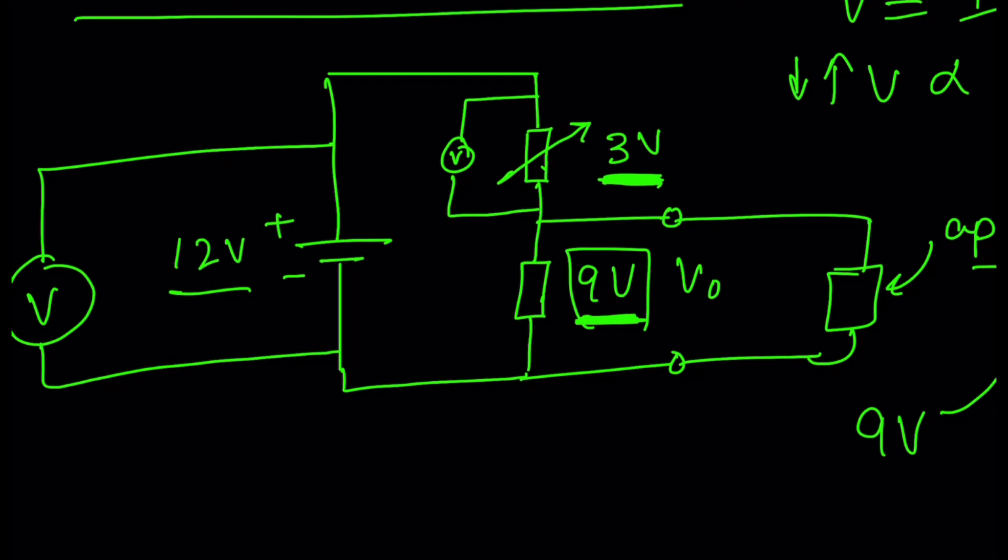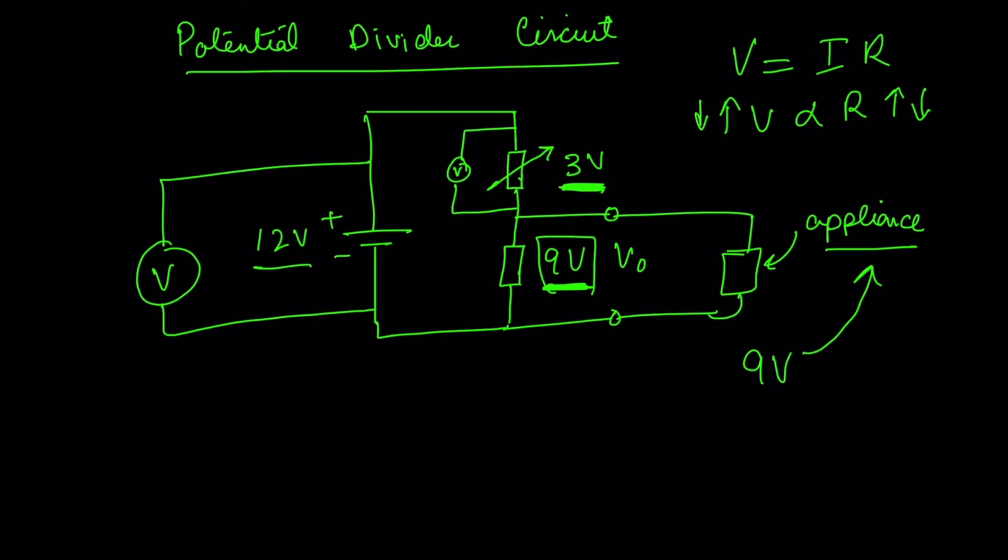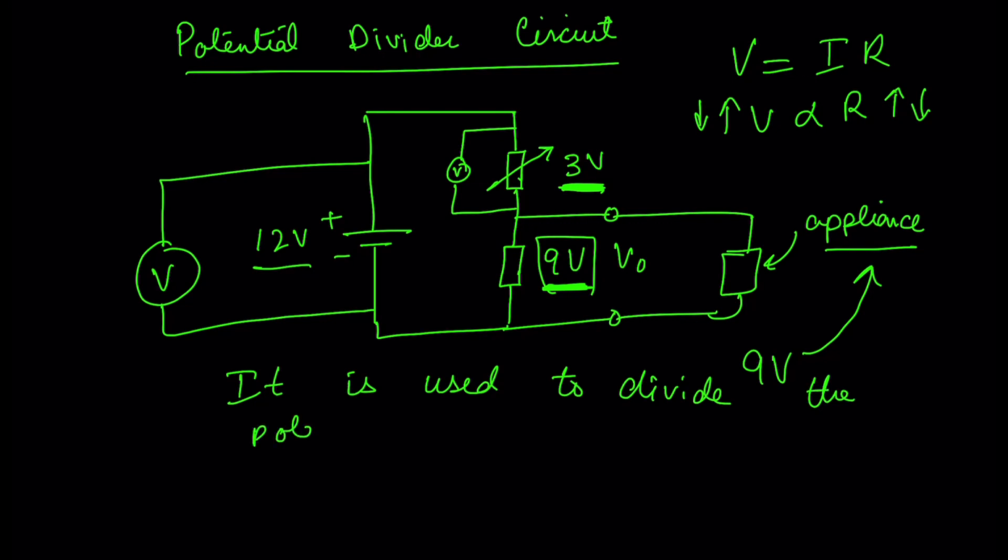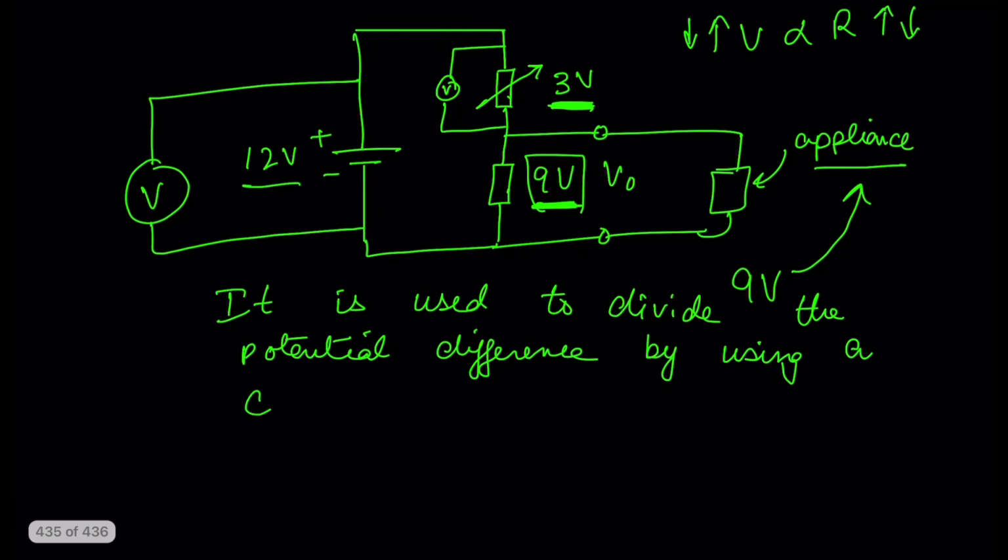I'll write it here. The potential divider circuit is used to divide the potential difference by using a combination of two or more resistors.